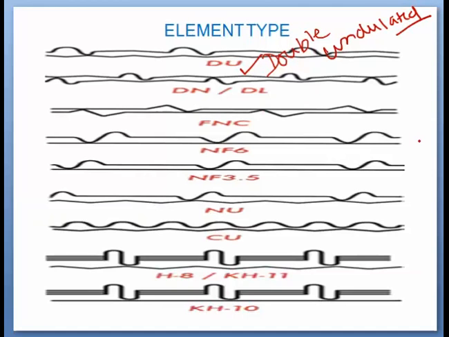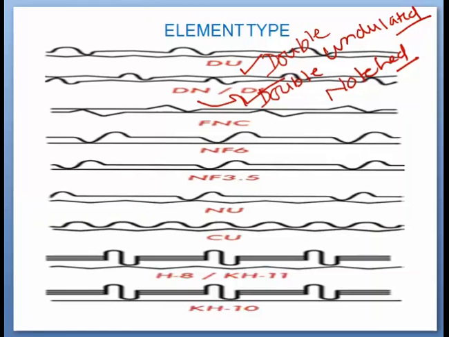The second one is the DN oblique DL type. DN signifies double notched. It is used where we require reduced fouling and better cleanability. Then come the DL type of elements. This is known as double notched loose packed.